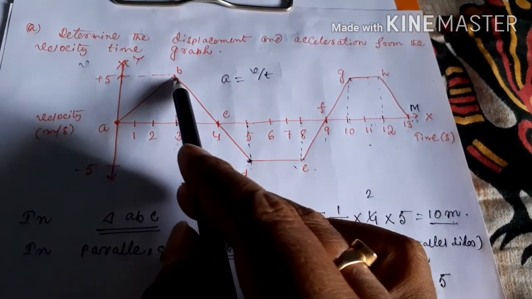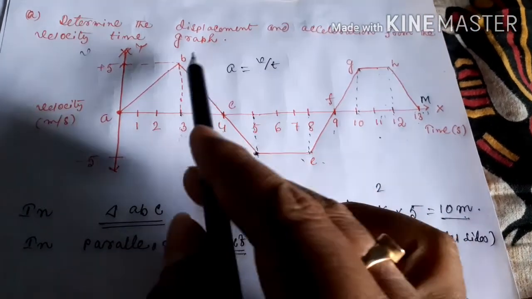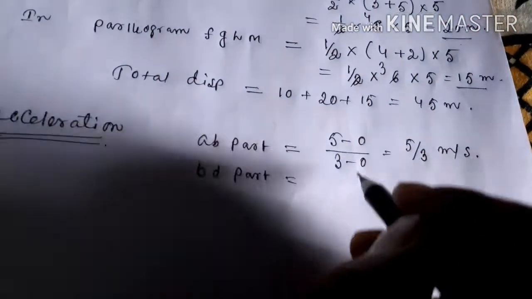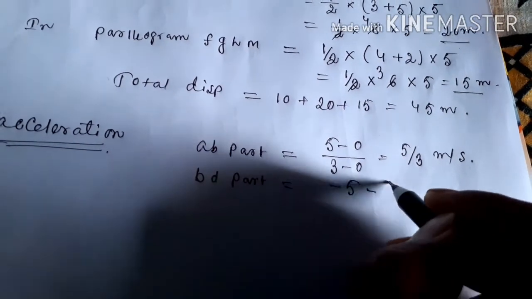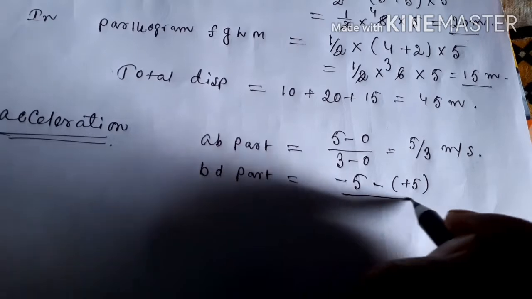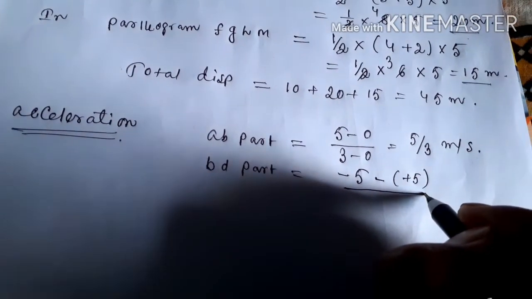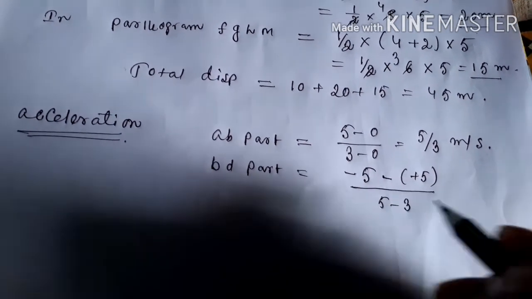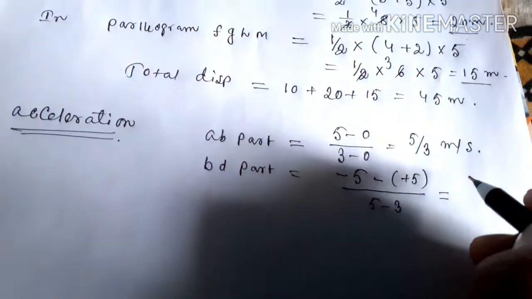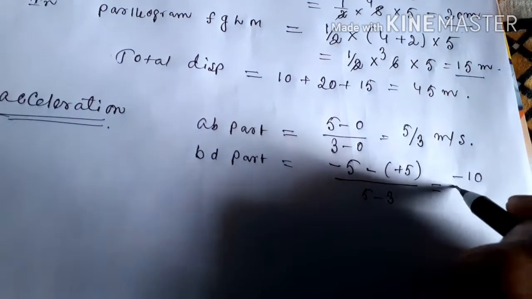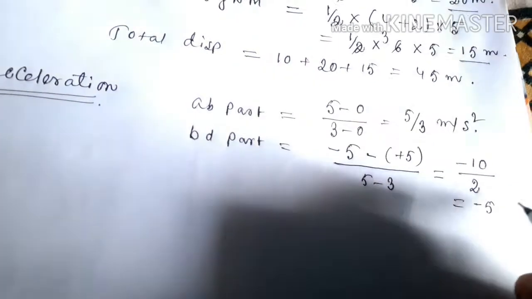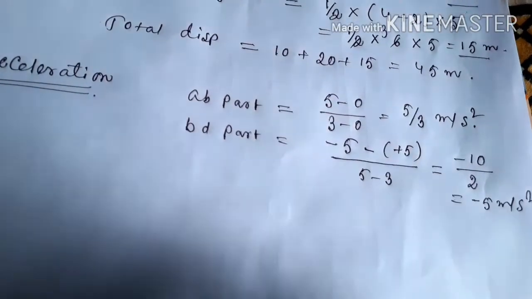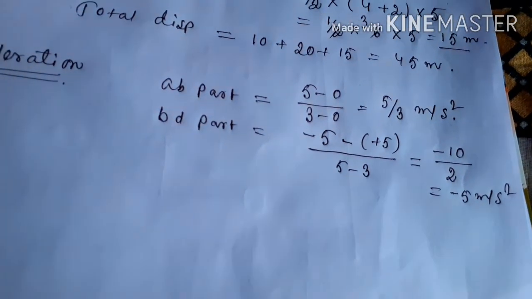And the velocity, final is minus 5 and initial is plus 5, divided by the time taken, 5 minus 3. So if you calculate this, you will get minus 10 divided by 2, so you will get minus 5 meter per second square as the acceleration through the BD part.